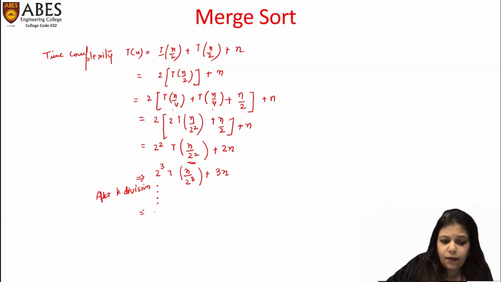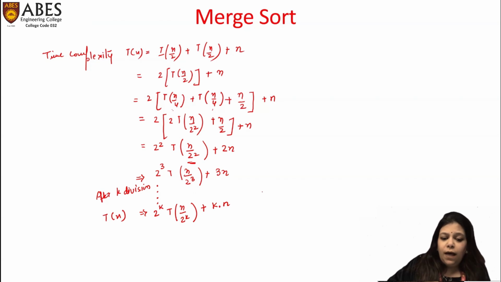So we can say that T(n) will become 2 raised to the power k T(n/2 raised to the power k) plus k times n.